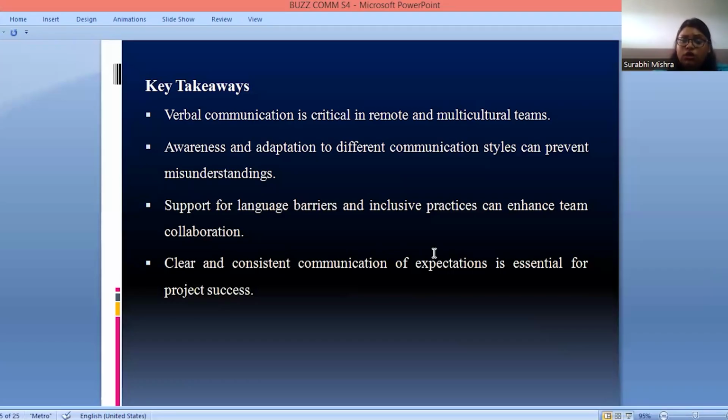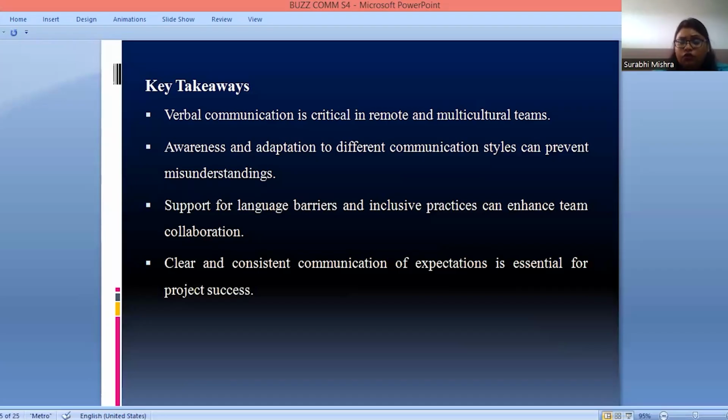The last was clear and consistent communication of expectations so that the project is completed on time or before the deadline, and to make the project a successful story, right?